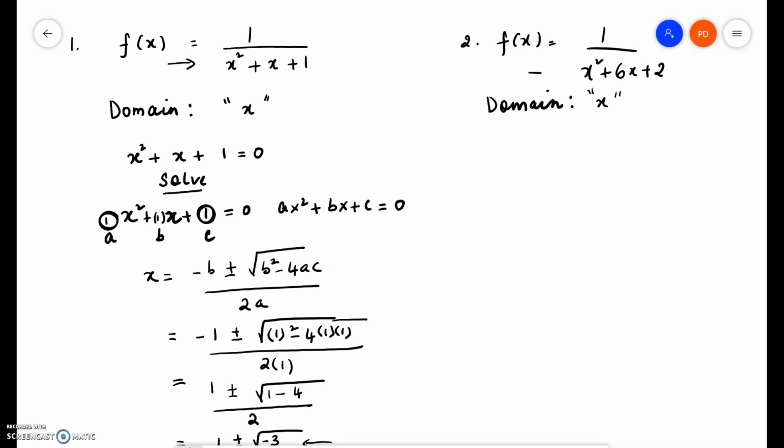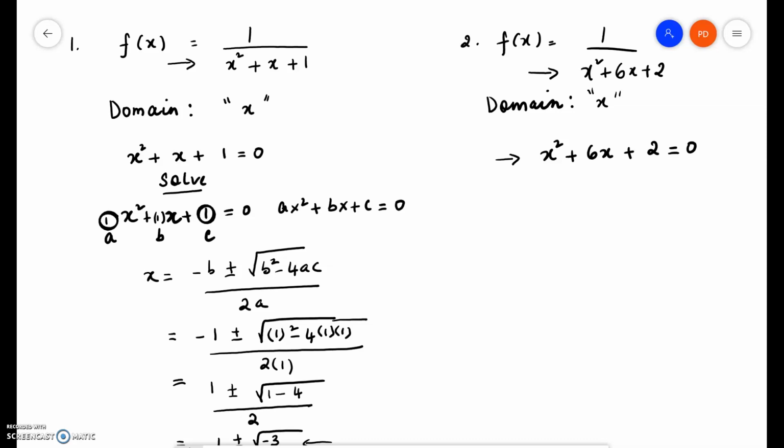If I see an x in the denominator, then I have to wonder if there is a value that I can plug in which will make the denominator equal to 0. That's always something we need to worry about.